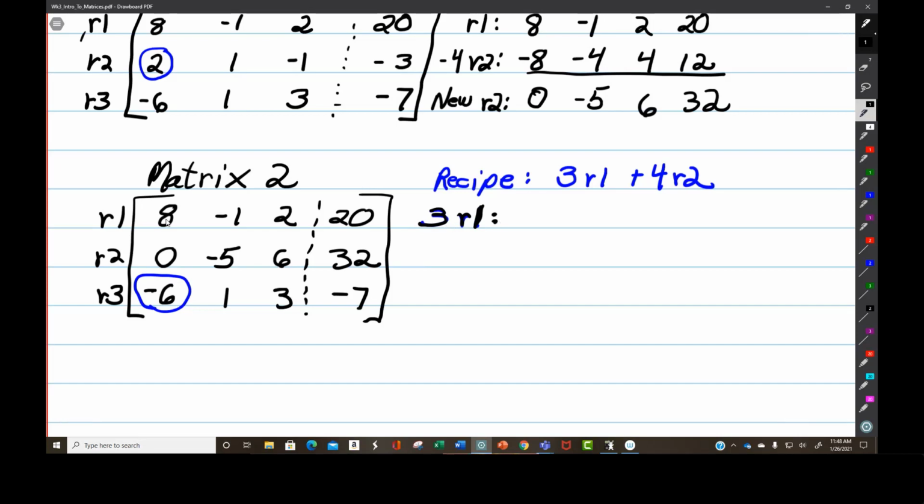3 times 8 is 24. 3 times negative 1 is negative 3. 3 times 2 is 6. 3 times 20 is 60.